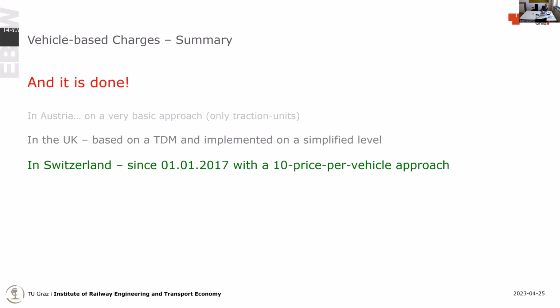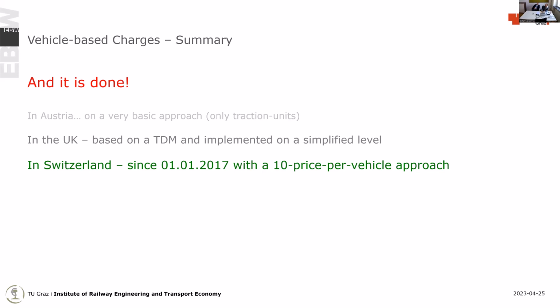This is because this model was installed in 2005 already, so a long time ago, where the data situation was not that good to go for a more specific and more detailed model, but still it was there, and it put a sign for train operating companies to take care on what type of vehicle they would use.